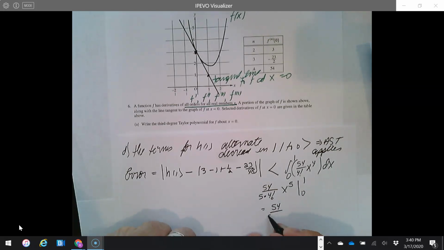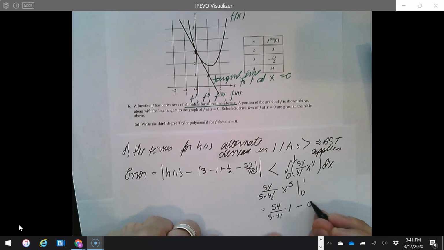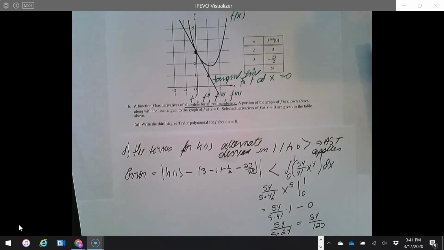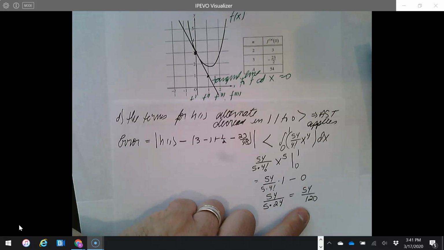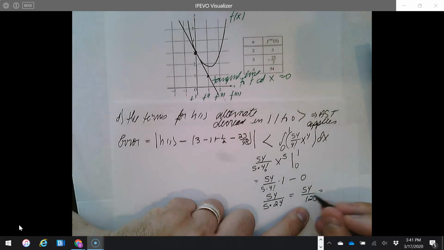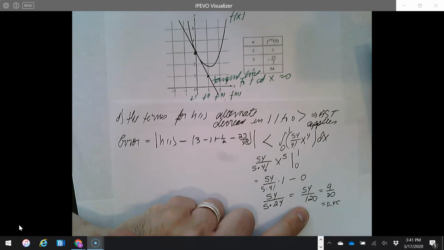You get 54 over 5 times 4 factorial times 1 to the 5th, which is 1, minus 0. 4 factorial is 4 times 3 times 2 times 1, that's 24. You get 54 over 120. If you reduce top and bottom by 6, you get 9 over 20. 9 over 20 as a decimal is 45 hundredths.